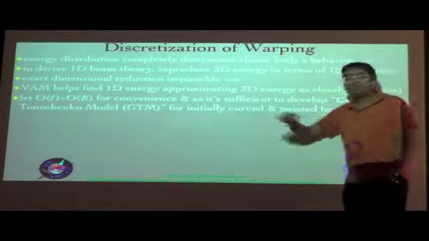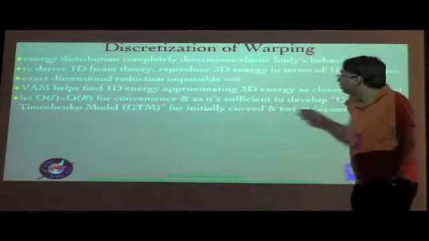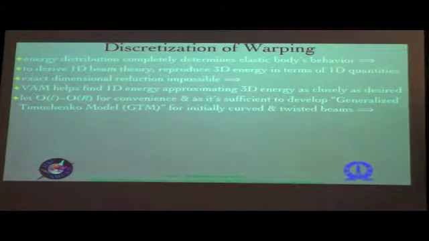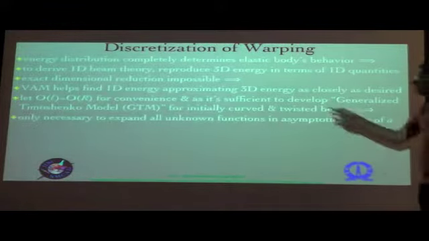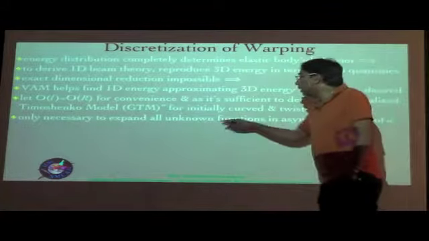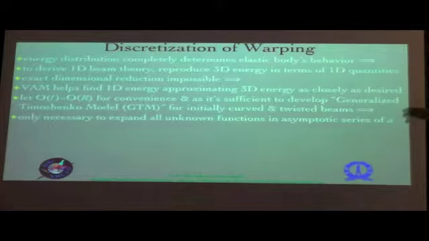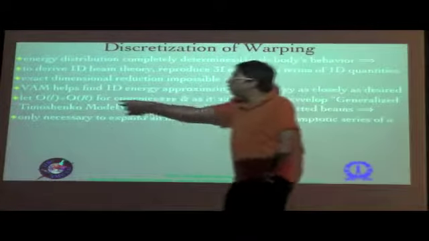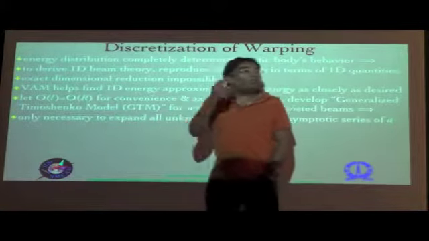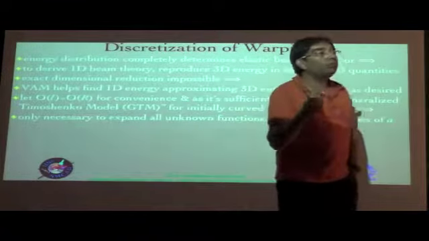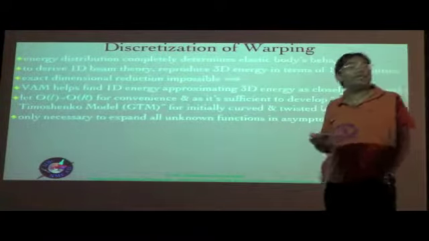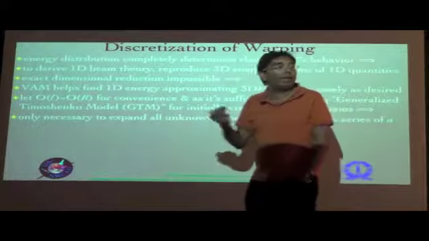And also in terms of along the length, all kinds of complications due to the curvatures in the three different directions. It is only necessary to expand all unknown functions in asymptotic series of A, because if we take the order of L and the order of R as the same, in terms of the geometry we now have only one small parameter, which is either A by L squared or A by R squared equivalently, right?